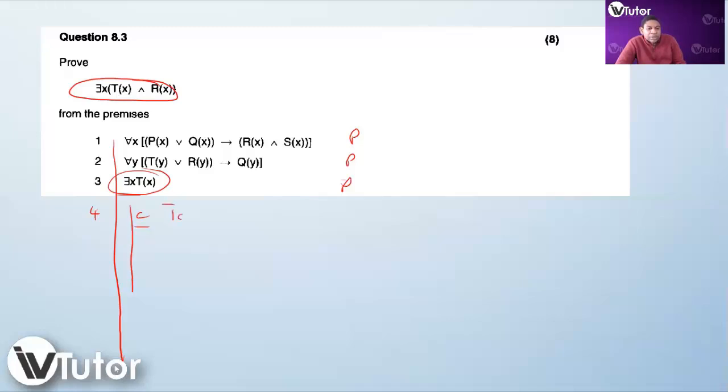with respect to T, TC. Then number 5, I'll have PC or QC implies RC and SC.